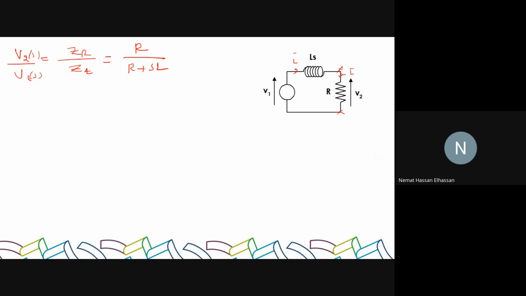Now, can I find this in time domain? Can I find the V2 of t? If V1 of t is equal to u of t, similar to the previous example, V2 of S is equal to R over R plus SL times V1 of S. Yes?